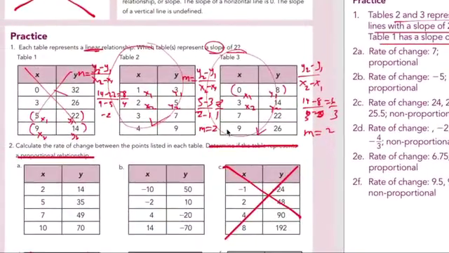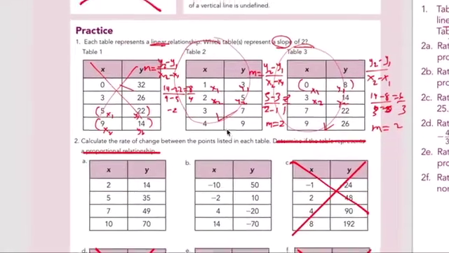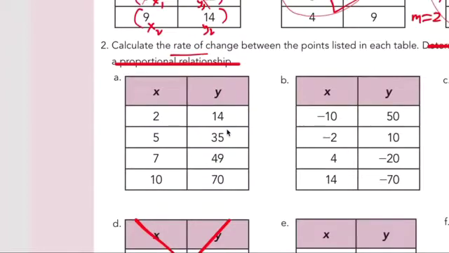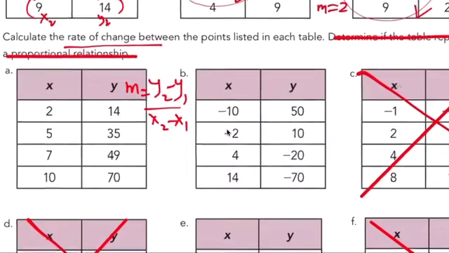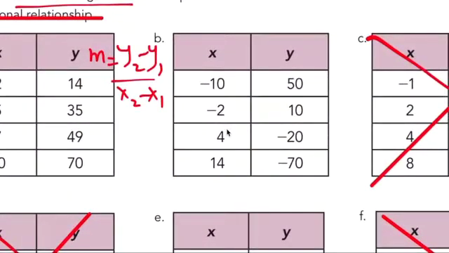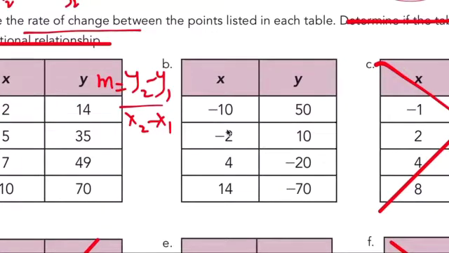Okay. This one I just wanted to find the rate of change on these. So calculate the rate of change, which is the same thing as slope, okay? And it's y sub 2 minus y sub 1 over x sub 2 minus x sub 1 for all of these. You do this one, I'll do this one, because some of you may make negative mistakes here.